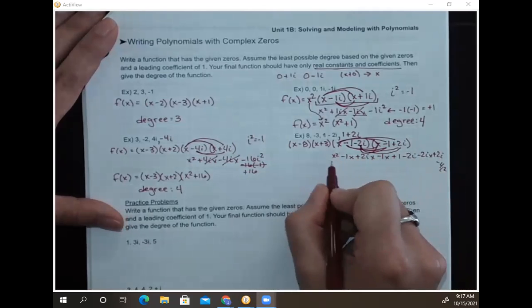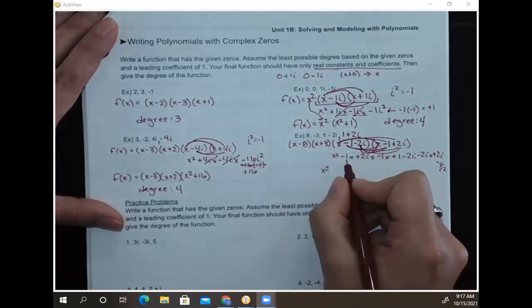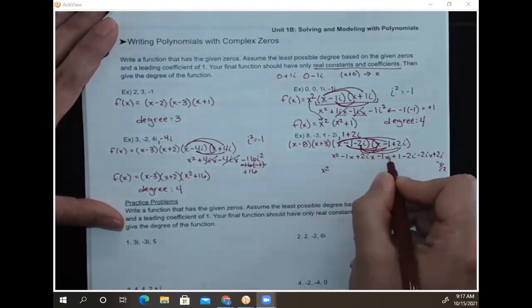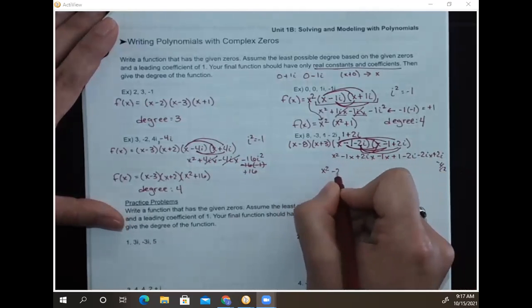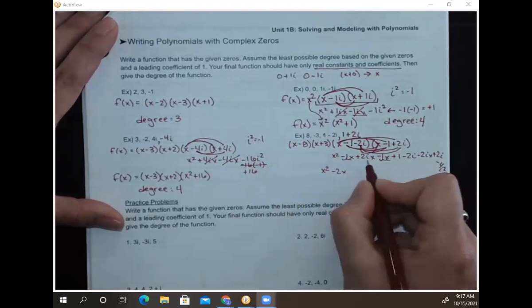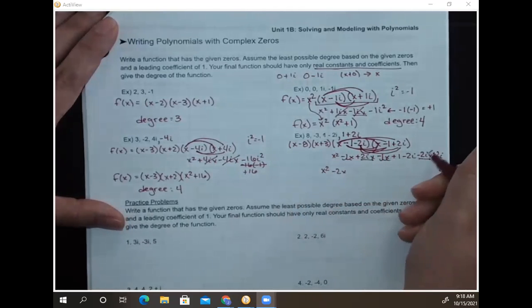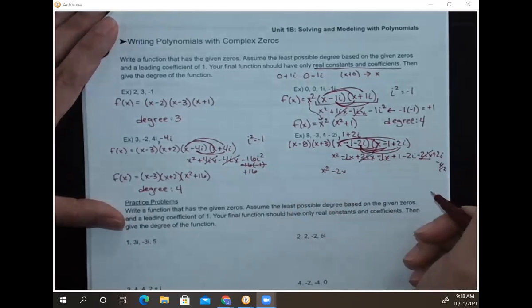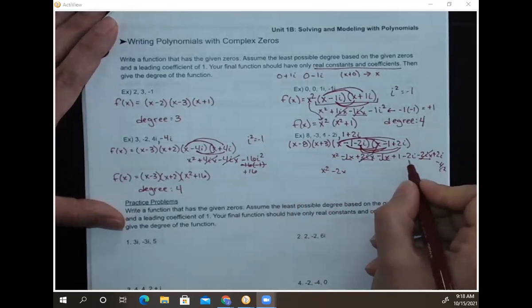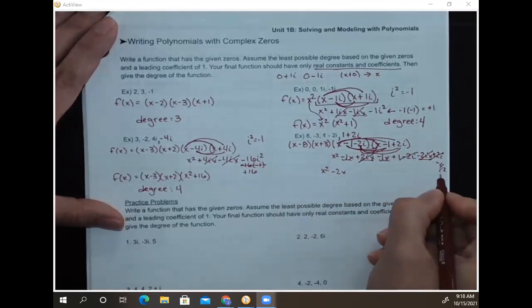This is my only x squared term. Then I've got minus 1x minus 1x, so that would be minus 2x. So I've combined those. Plus 2ix minus 2ix means those are gone. Minus 2i plus 2i, those are also gone. My only other term with an i is minus 4i squared.